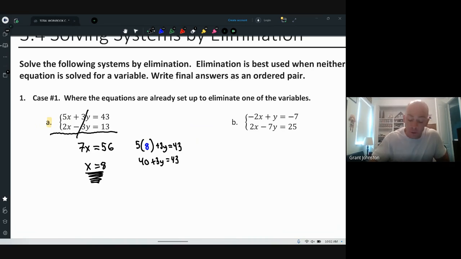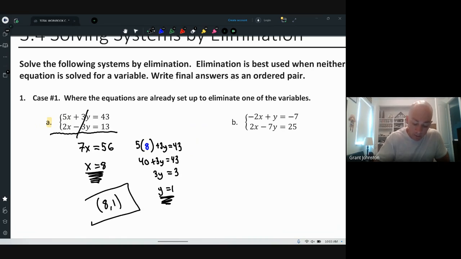Subtract 40 from both sides. Divide by 3. y is 1. We'll write it as an ordered pair, (8, 1). And that's it. So in this case 1, where they're already set up for elimination, we can just add them down, eliminate one of the variables, and start solving.